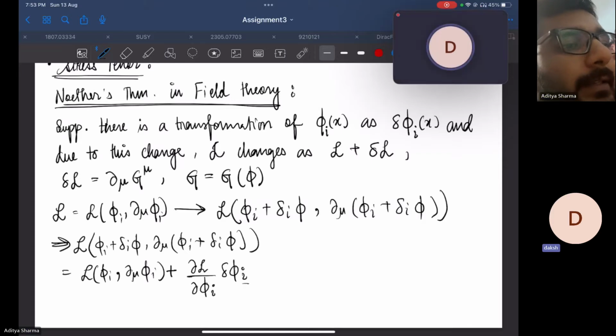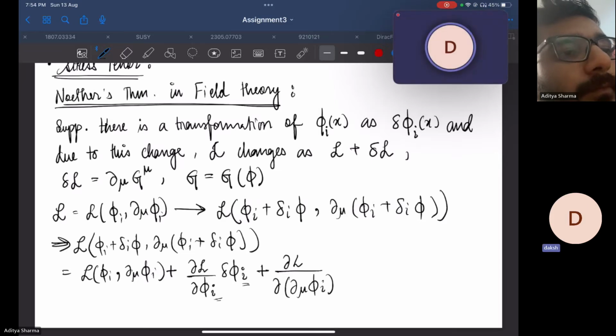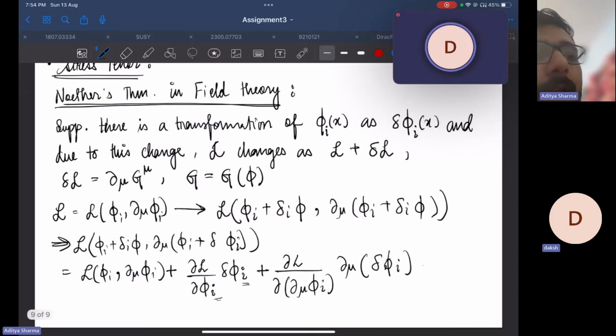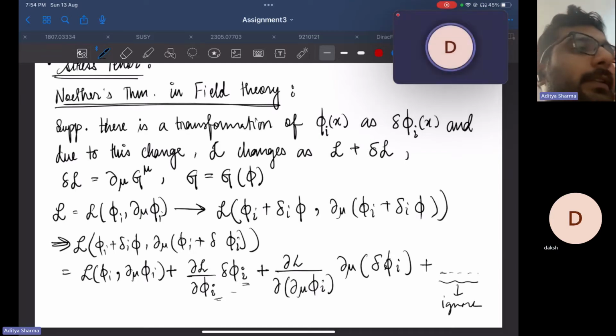Here this index i means they are being summed over. Okay. Plus higher order terms, which we'll ignore. Up to first order in delta, these are the terms.